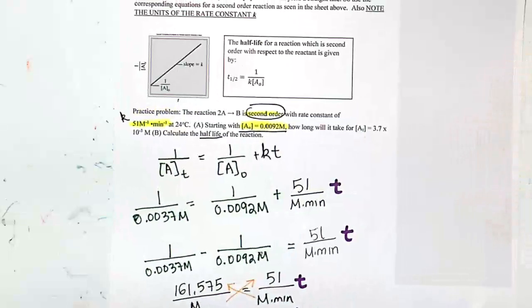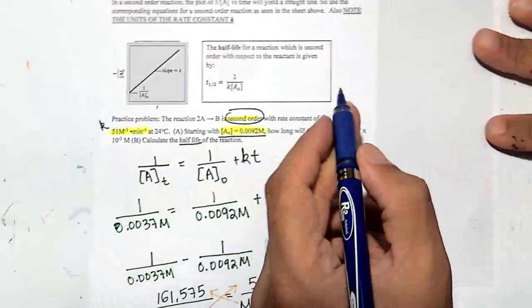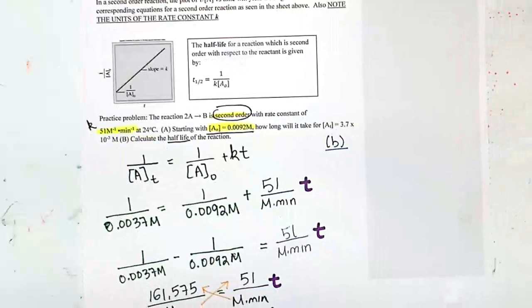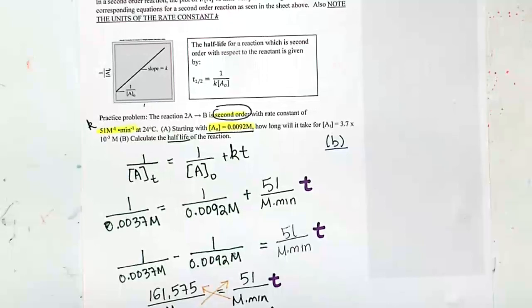All right, part B. Okay, so we'll have a couple of these on the exam, so it's good to practice these. Let's do part B, which is the half-life. Okay, so what's the equation for the half-life? I know you have the sheet, so I'll ask you, what's the half-life equation, Susanna?